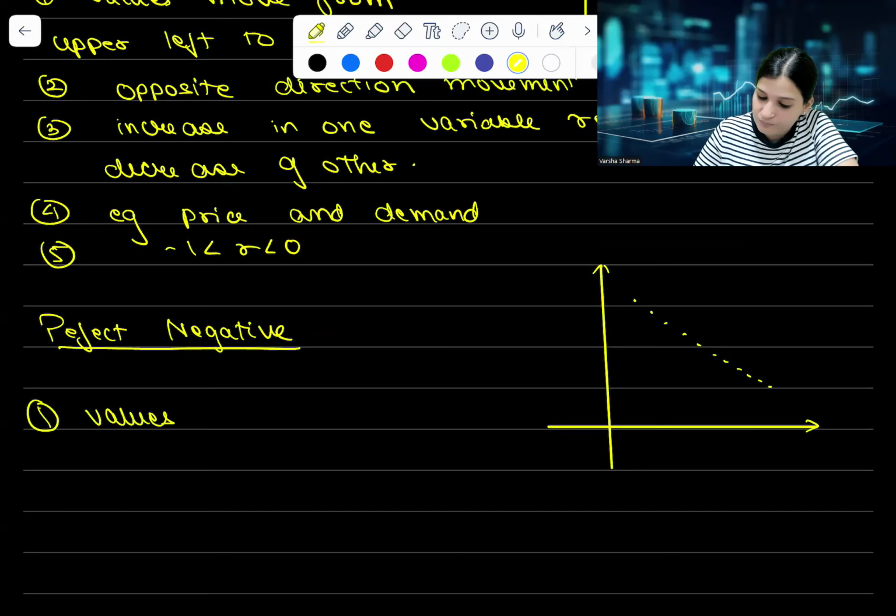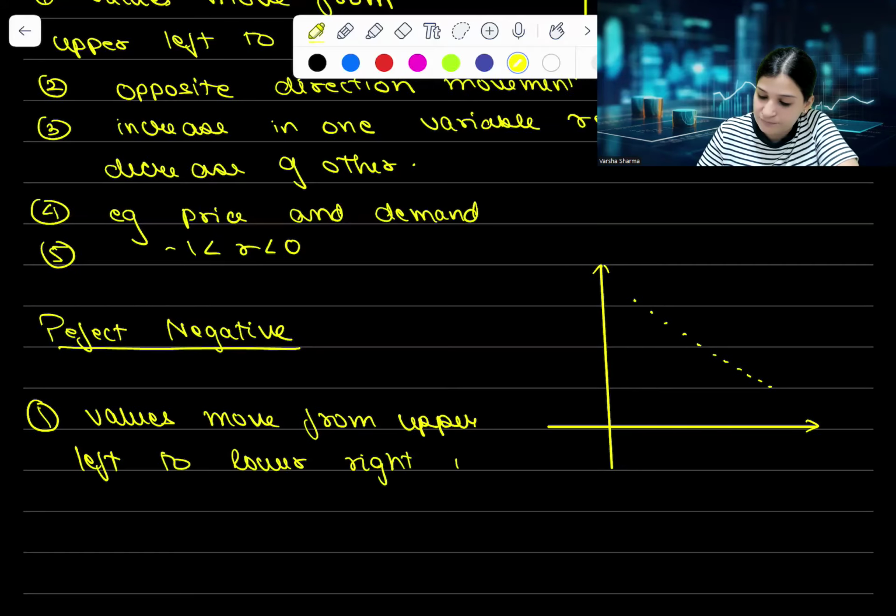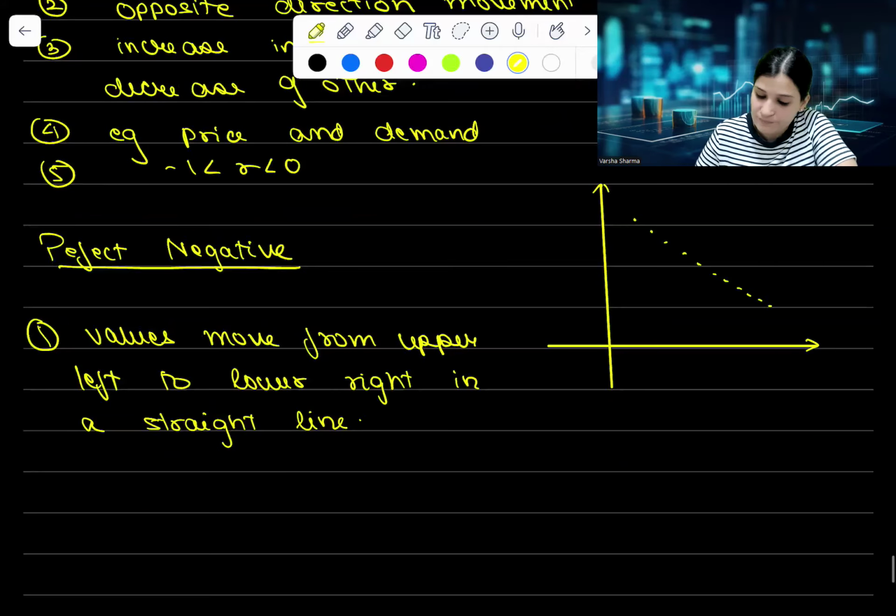Values move from upper left to lower right in a straight line. R will be -1.